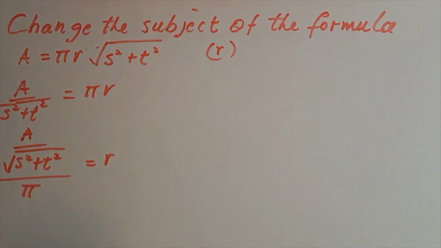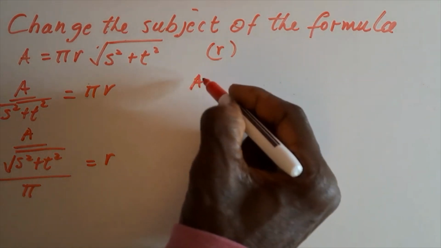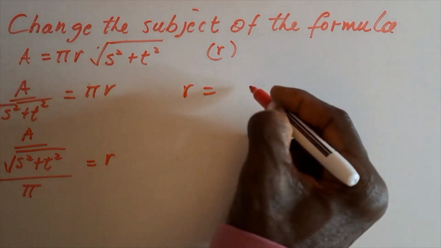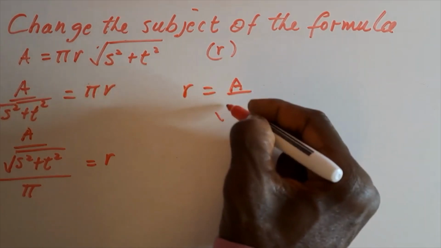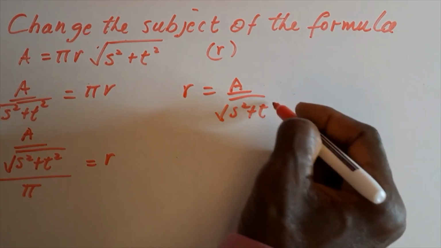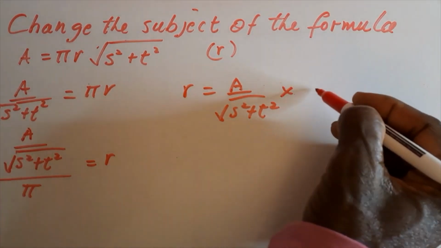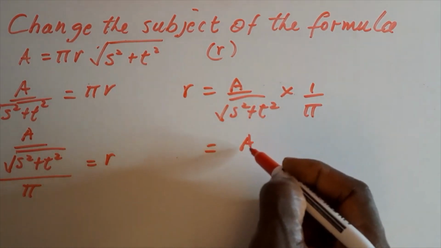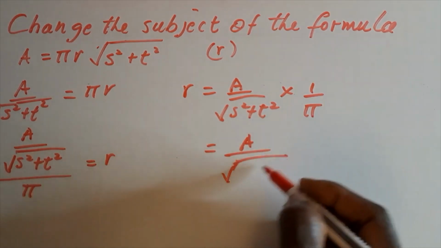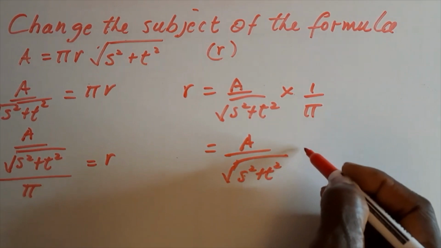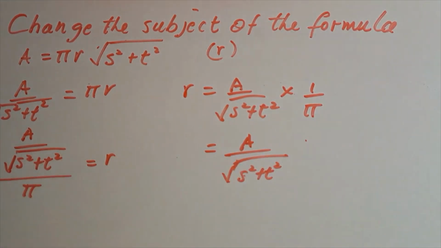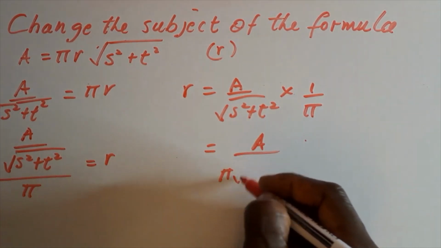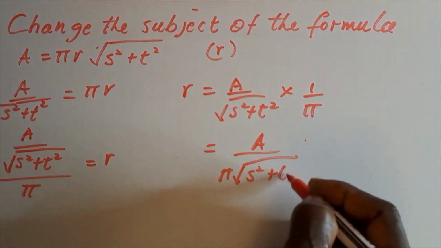But we can simplify this. Let's write the left hand side as r, which is now equal to A over the square root of s squared and t squared, and now this is multiplied by 1 over pi, which gives us, if we write it as one fraction, A over pi times the square root of s squared and t squared.